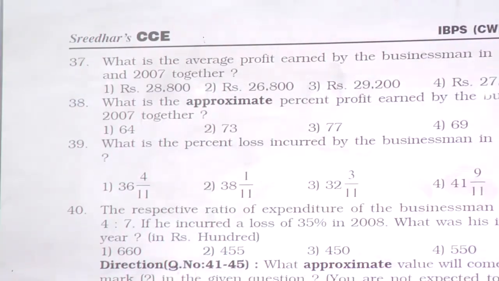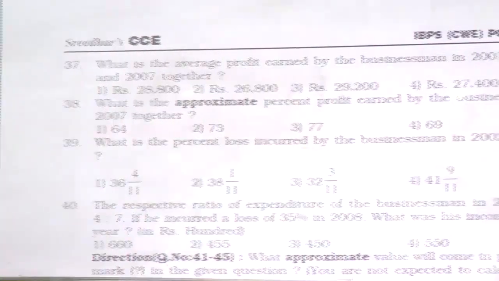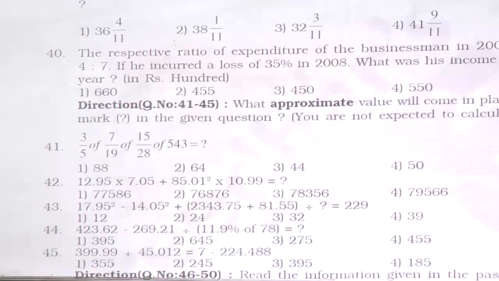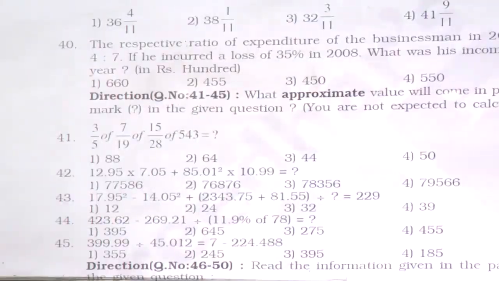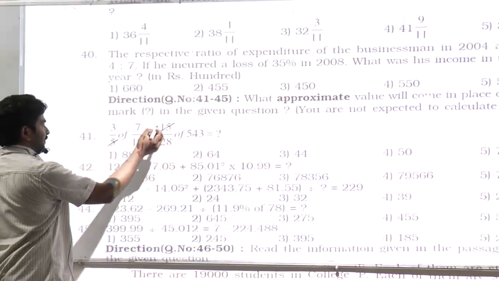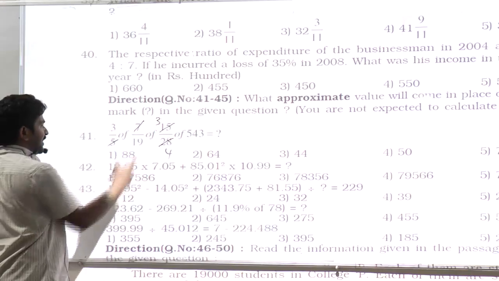Next, what is the average profit earned by the businessman? Hey, this is it. 41. Right, approximation. Approximation, right. 5 how many times? 7 how many times? 4 times. 3 is 9, right?